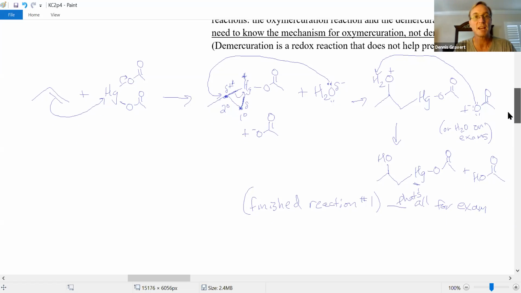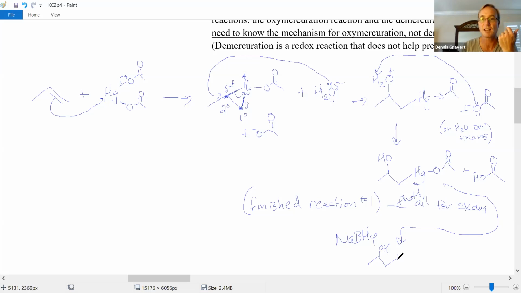But on an exam, if I ask you for the mechanism for oxymercuration, demercuration, this is all that I will grade. If you go ahead and start doing something with the remaining reaction, like you say, okay, I'm going to take this and add sodium borohydride to it, and you're going to get this molecule where the mercury was replaced by a hydrogen.